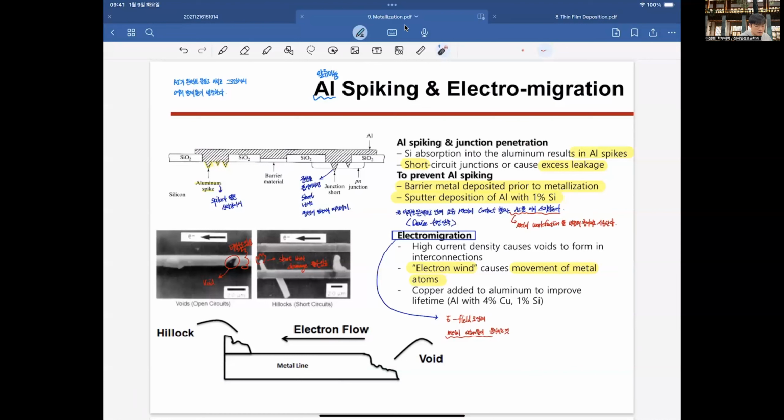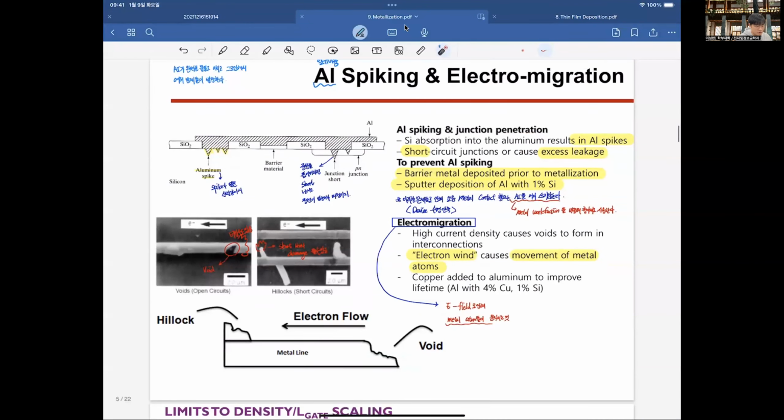Okay, aluminum spiking is Si absorption into the aluminum, so it makes a spiking figure. So this causes junction leakage and other problems.